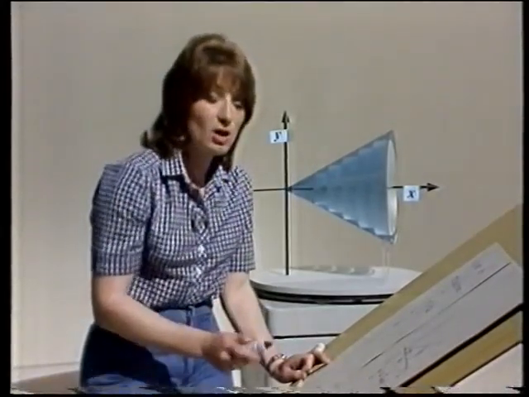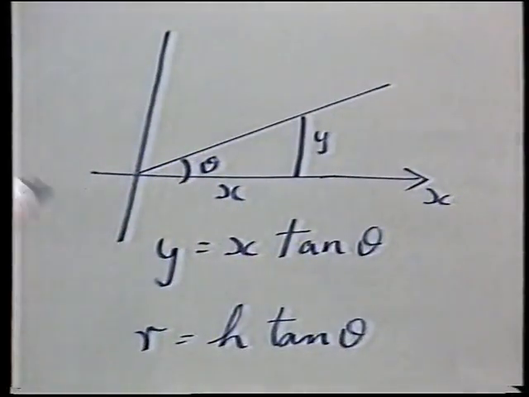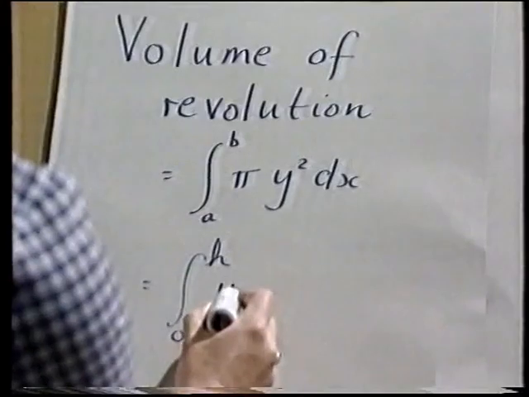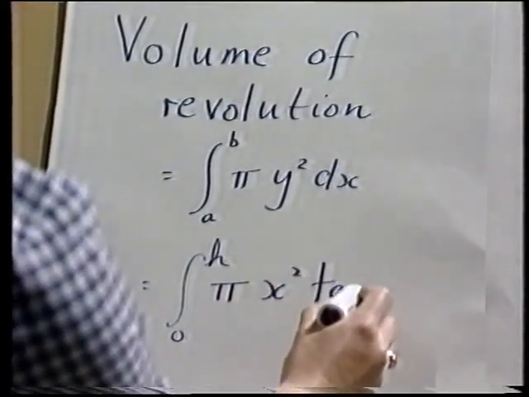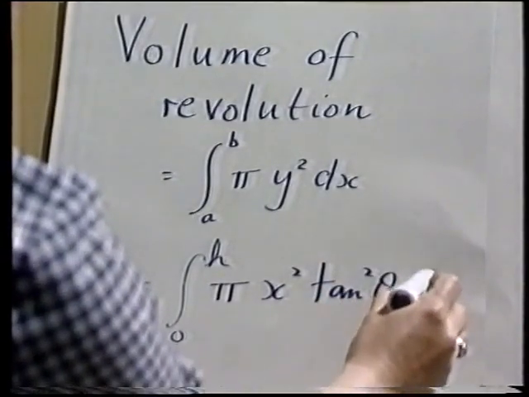Now we can see that y is x tan theta, and so the volume is the integral from 0 to h of pi x squared tan squared theta dx.